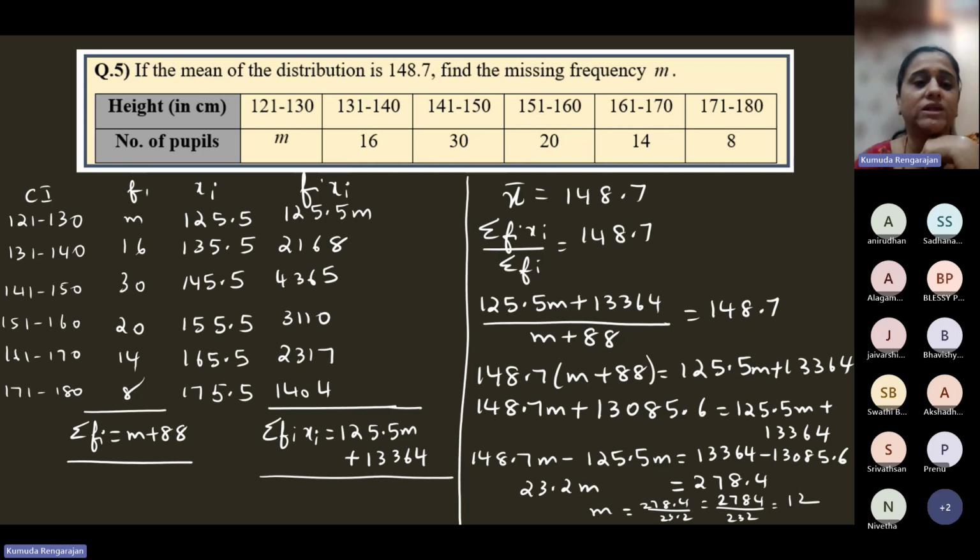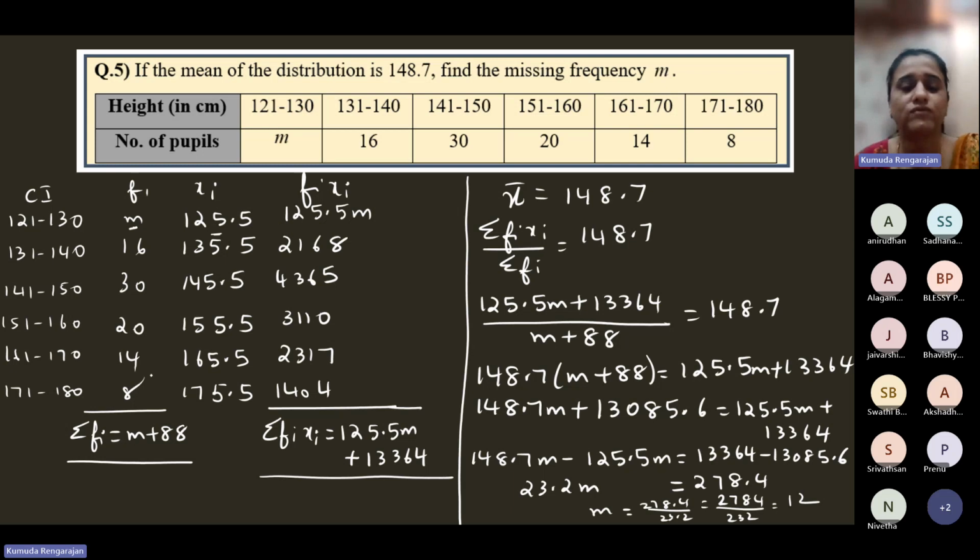Please check your xi values, fi xi values. So m into 125.5 is 125.5 m. When you multiply, like a into 5 is 5a. So m into 125.5 is not m plus 125.5.